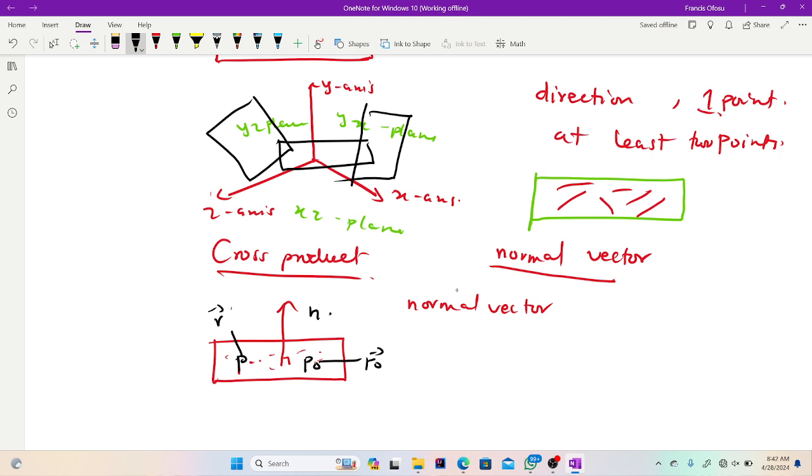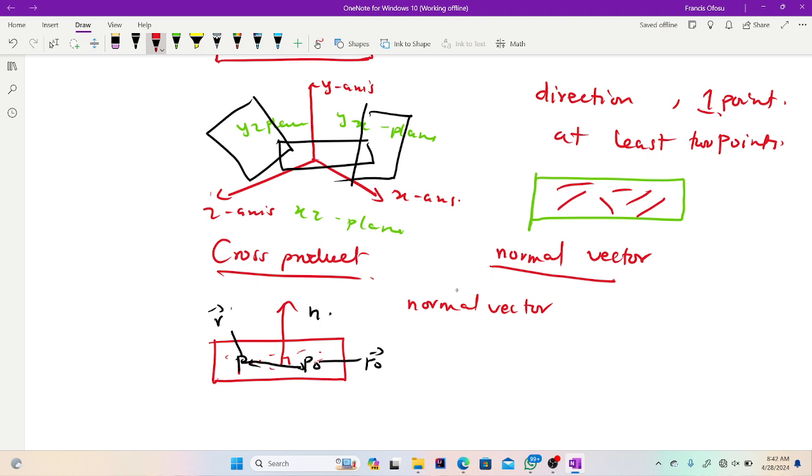Okay, so meaning that when you introduce the dot product, remember the dot product of any two perpendicular lines is 0, right? So when I join P naught and P and find the vector of that, this vector should be perpendicular to my cross product or to my normal vector.